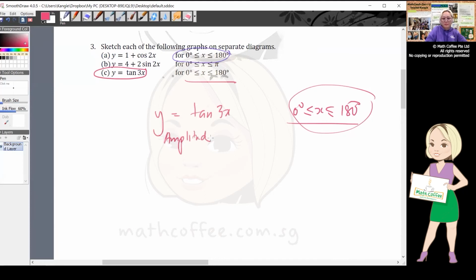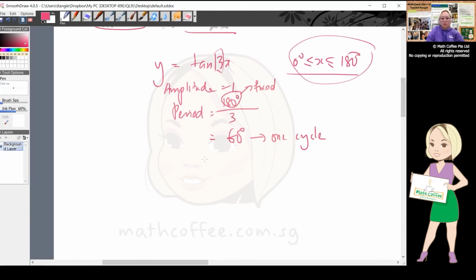The period will change. The period for a tangent, the top part is always 180. This is fixed. Divide by the number in front, in this case 3. So it's 60 degree. That means your one cycle is 60. So now let's start to draw.